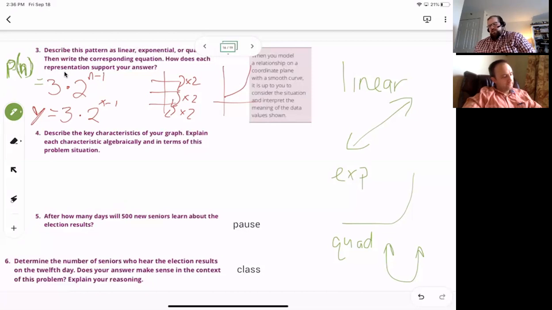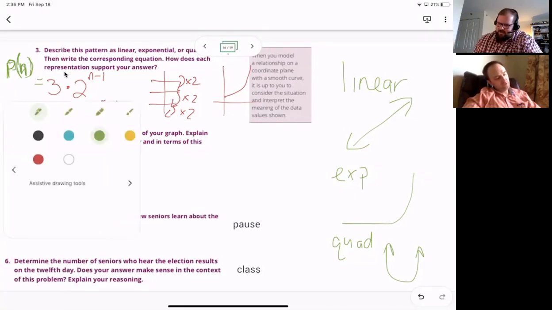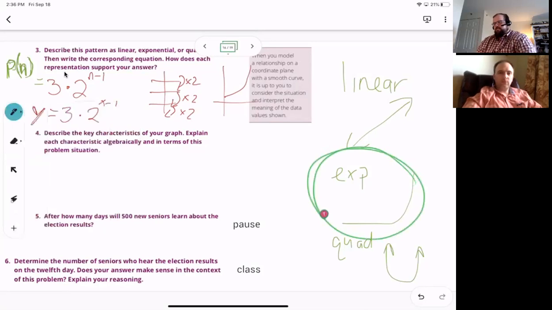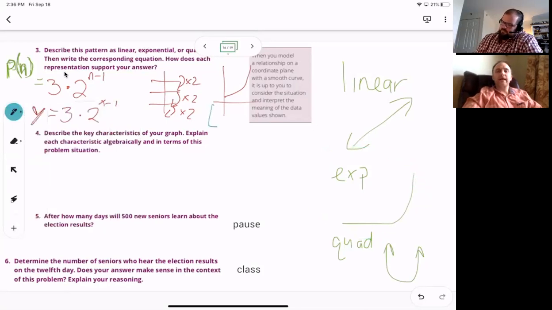So it asks, how does each representation support our answer? Did we decide which one of these that is? I don't think we actually decided yet. Which is it, linear, exponential, or quadratic? I don't think we said it out loud, but given that I drew this graph, which looks exactly like what we have, I'm going to go with exponential.